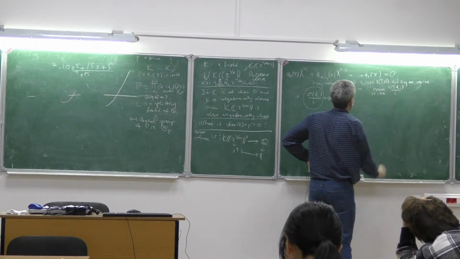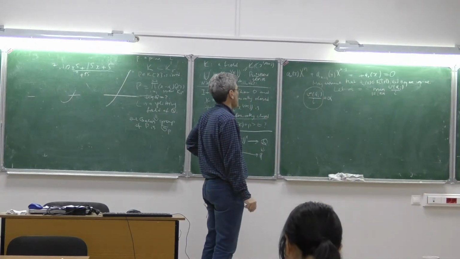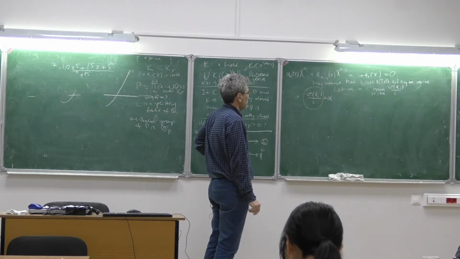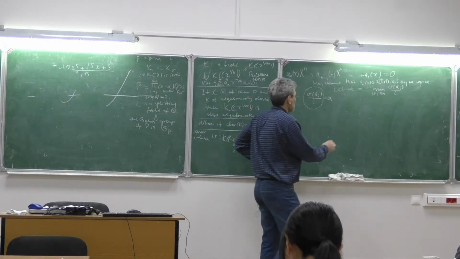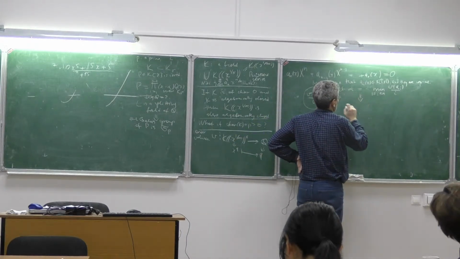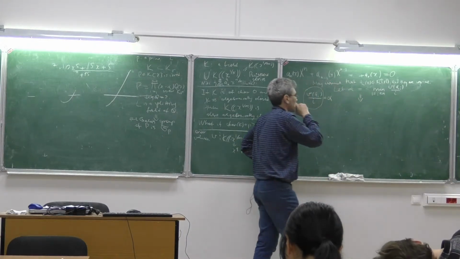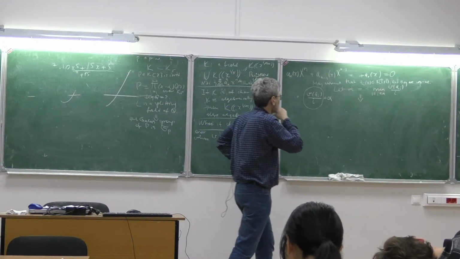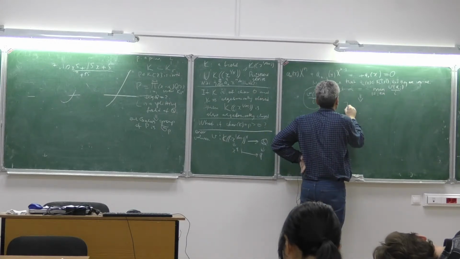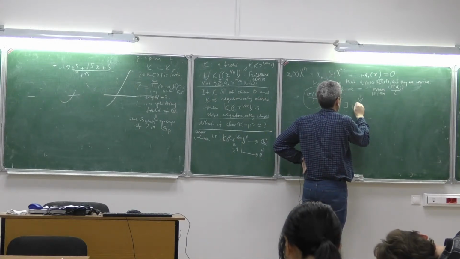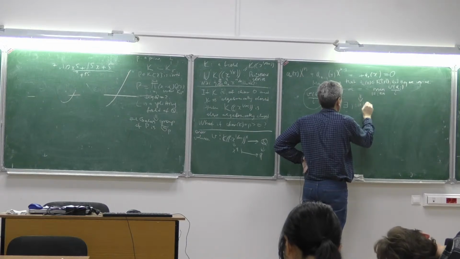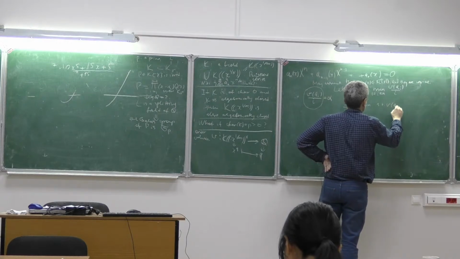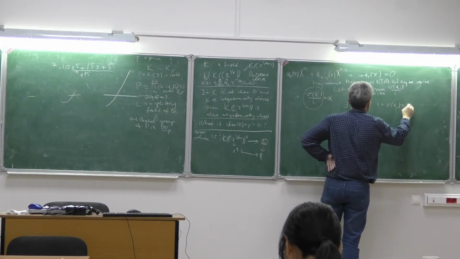Yeah. All right. And then what does this give? This gives that there is j between 1 and n such that v of a_j is 0.